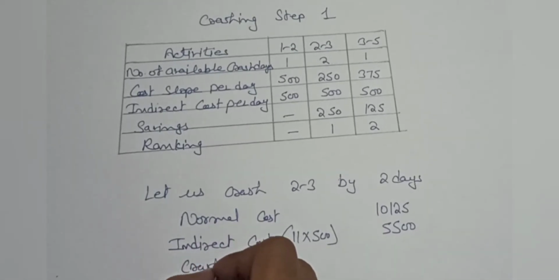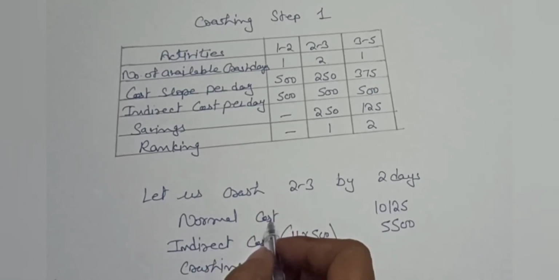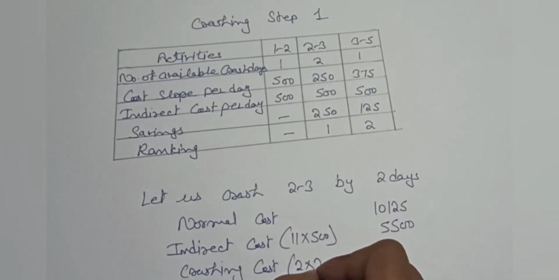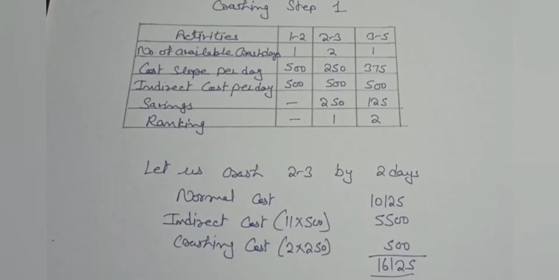And our crashing cost per day is 250. Then for 2 days, 500. So we can say our total cost is 16,125 after crashing activities 2 to 3 by 2 days.